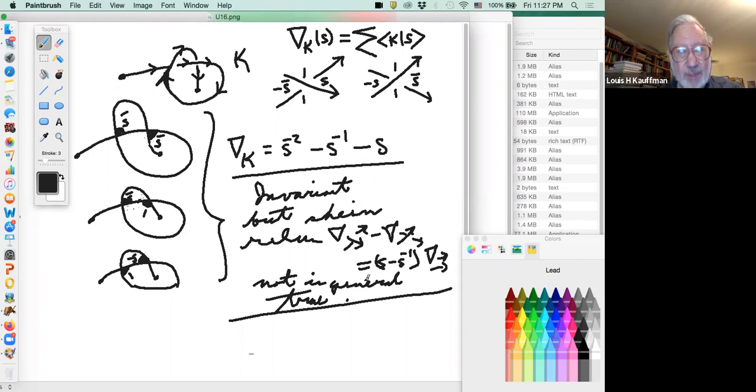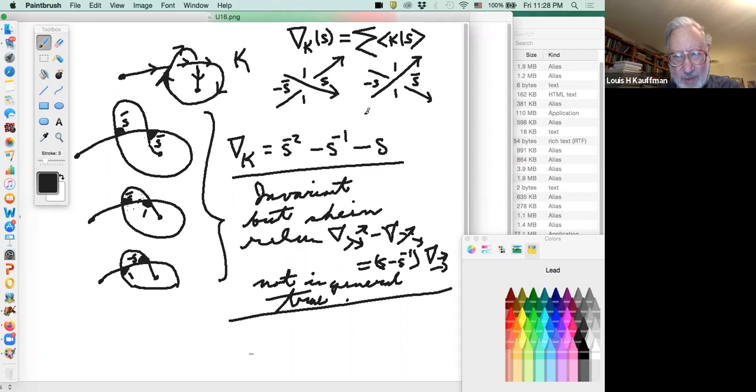For example, you could say, what will happen to this polynomial if you were to take the mirror image? Well, in taking the mirror image, you're going to replace S by S inverse, right?